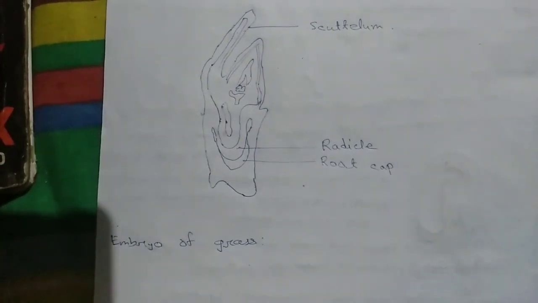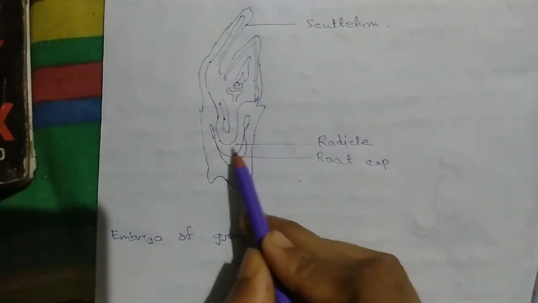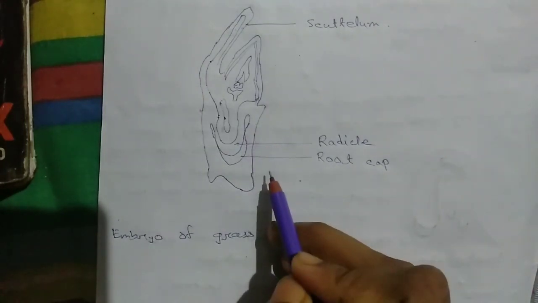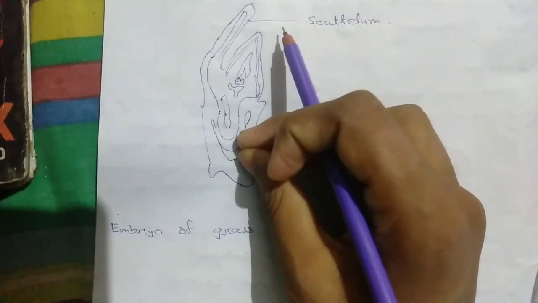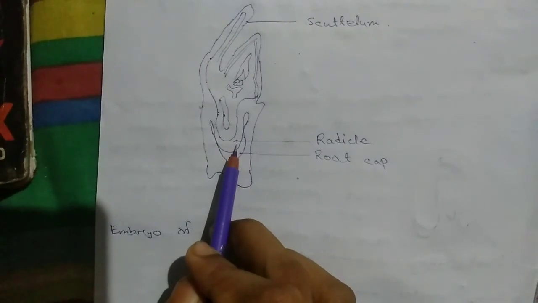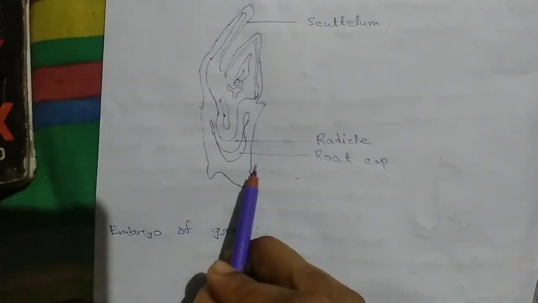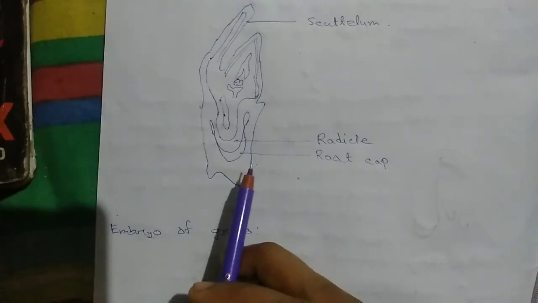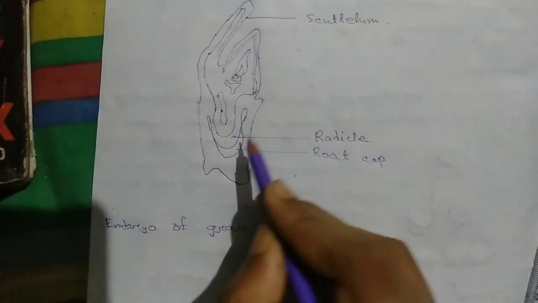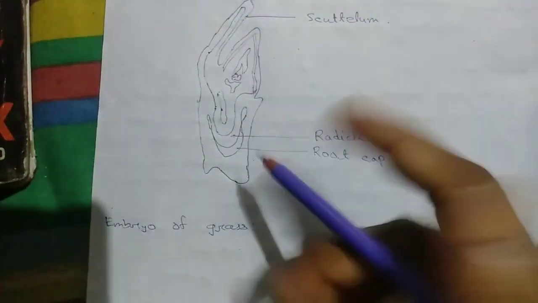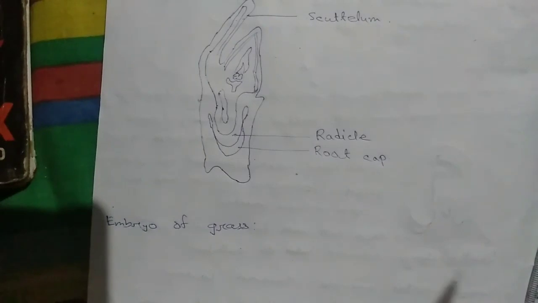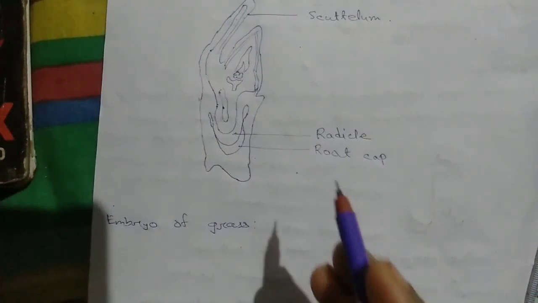Try to understand this radicle part and root cap, which are so close. The radicle and root cap are enclosed by an undifferentiated sheet, very near to it. This is known as the coleorhiza.